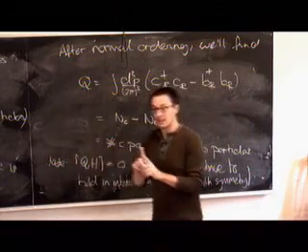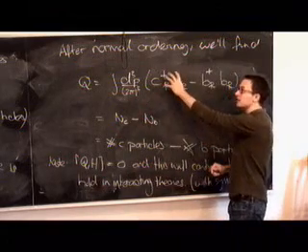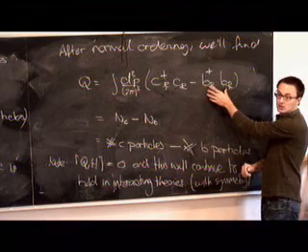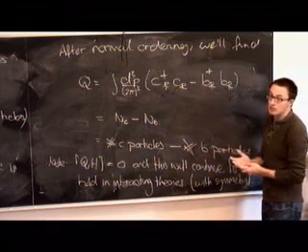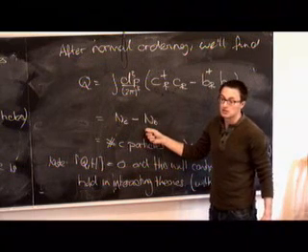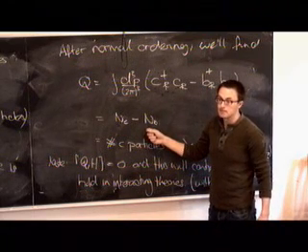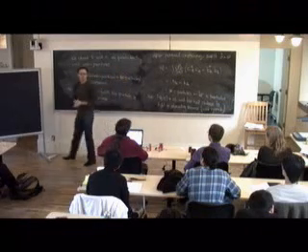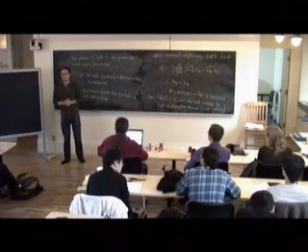You could look at states whose eigenvalues under this operator are the same as eigenvalues under that operator. That makes perfect sense. In that case, these are states that have equal numbers of antiparticles and particles. Other questions?